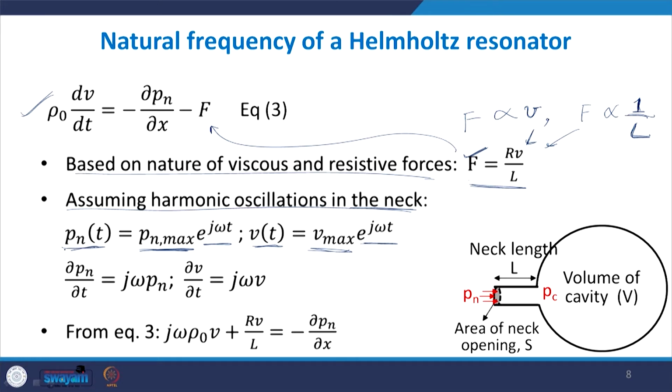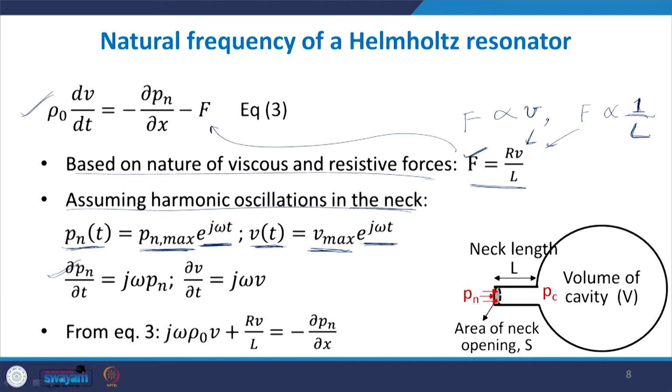So, because it is an acoustic process, we have assumed a harmonic solution, like a simple harmonic motion sort of. In that case, if we assume this form of solution, then del Pn by del t will become j omega times Pn max into e to the power j omega t, if you differentiate this with respect to time.